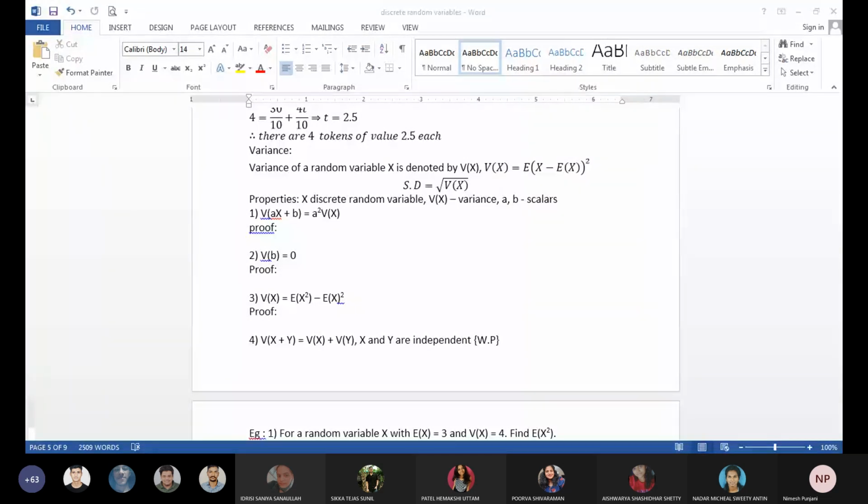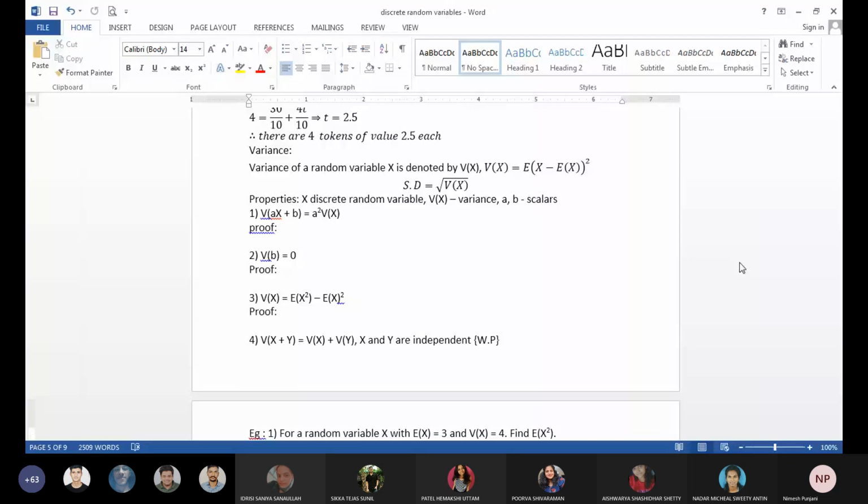And fourth property is variance of x plus y is variance of x plus variance of y, provided x and y are independent. The fourth property will be without proof. The first three we will be proving.